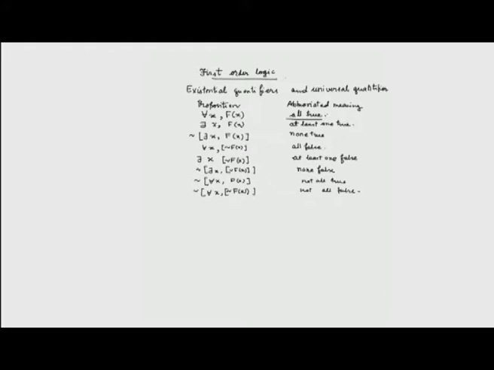Now, what we can do is group these propositions into equivalent propositions. For example, all true and none false.